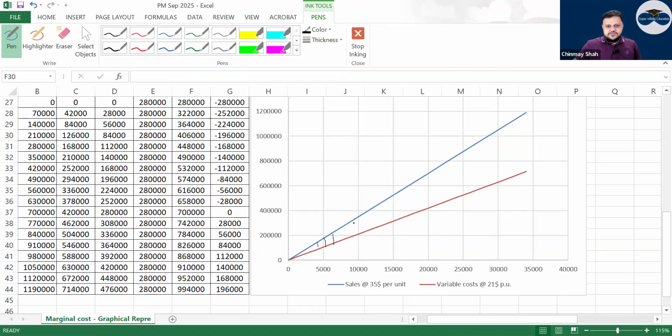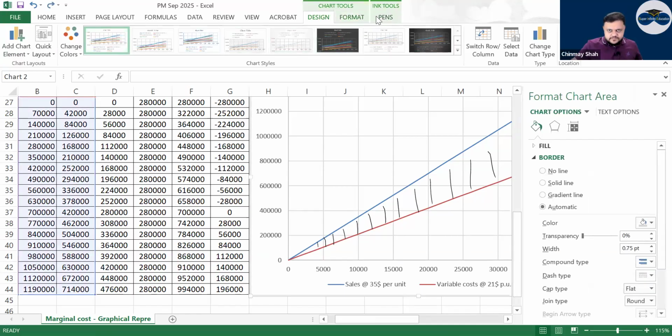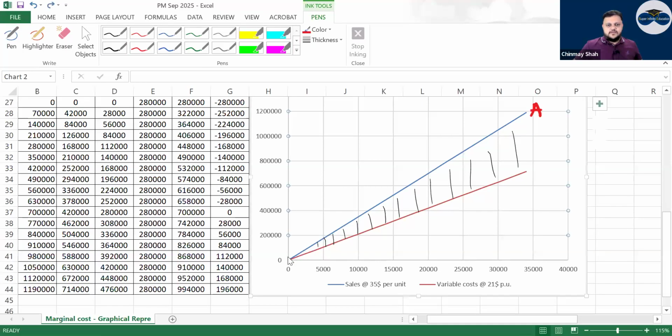This area is what? Sales minus variable cost, correct or not? This is the sales line. Below this I will write down, let's say, this is A, this is B, and C, correct?